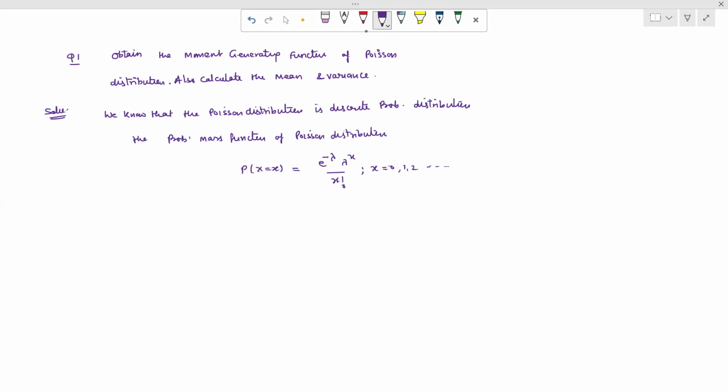So this is the probability mass function of Poisson distribution. Lambda is the single parameter, the only parameter.